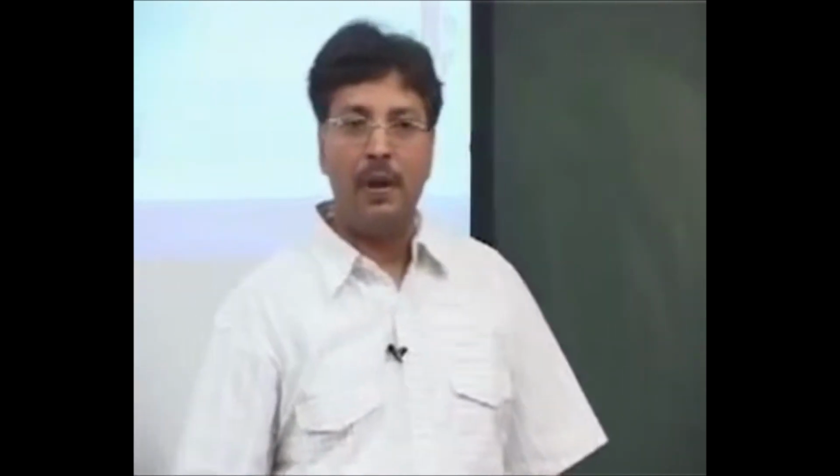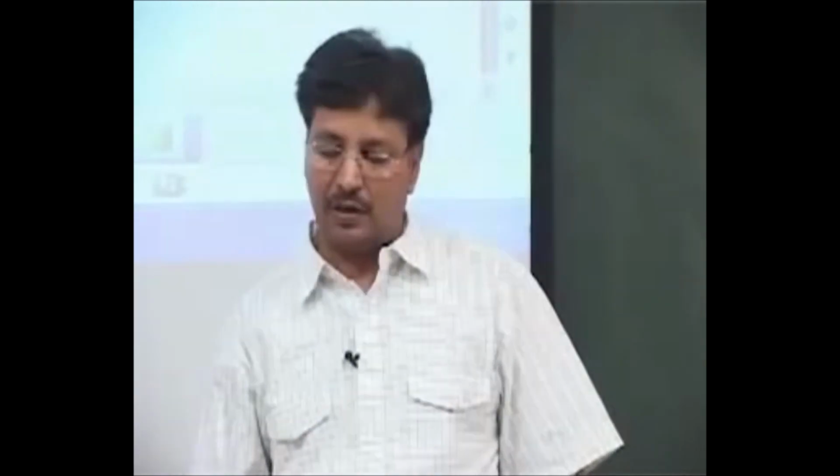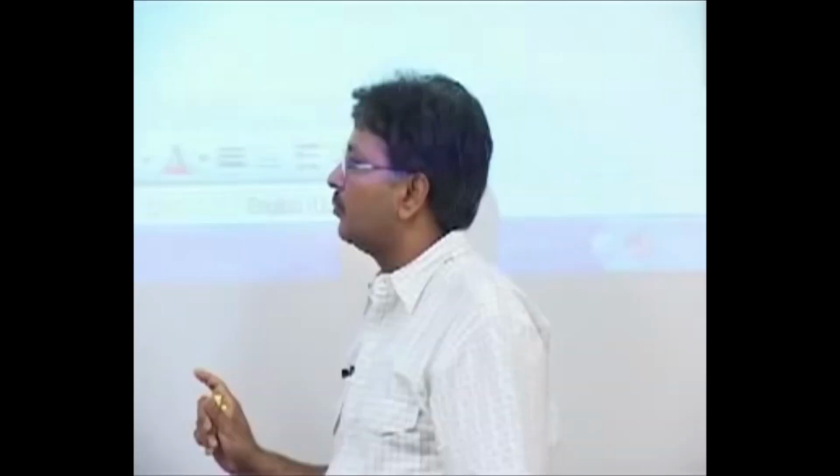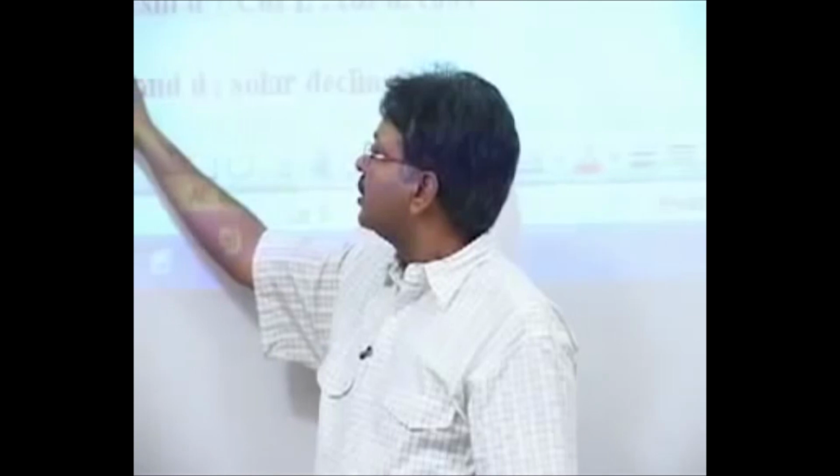If you remember the sign H, we had defined H. The next thing that we need to find out is the computation of solar elevation. Again we have a formula here. Solar elevation depends on sin L, sin D, cos L, cos D and cos T. I'll explain what these are.